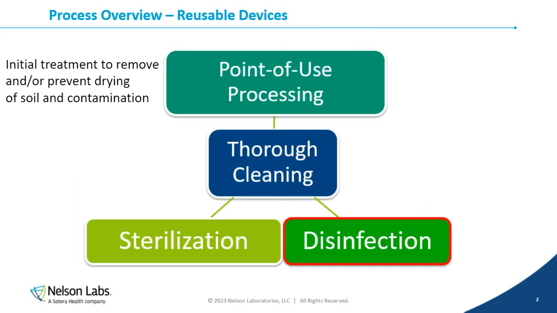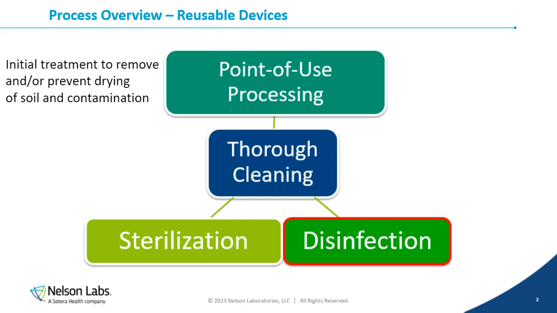In the process overview for a reusable medical device, again a little bit of a review from yesterday, the device will be used in whatever procedure it's designed for, after which it may go through point of use processing.